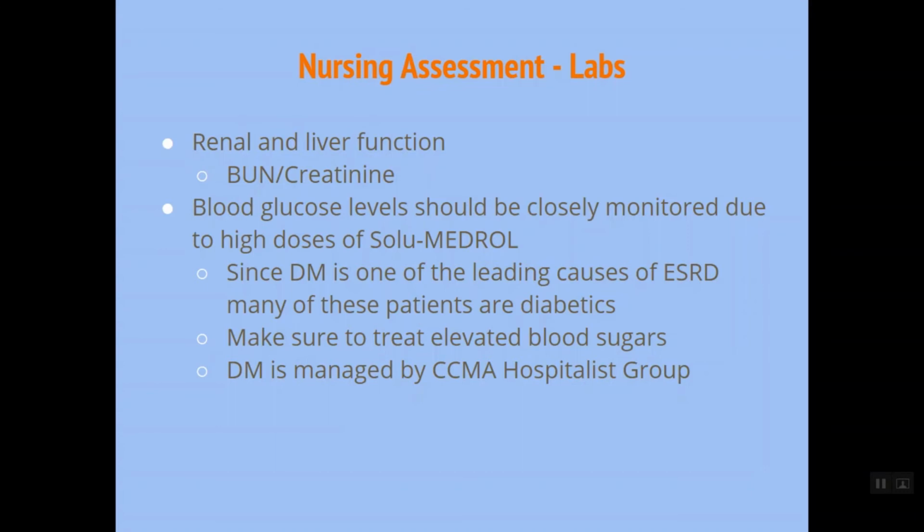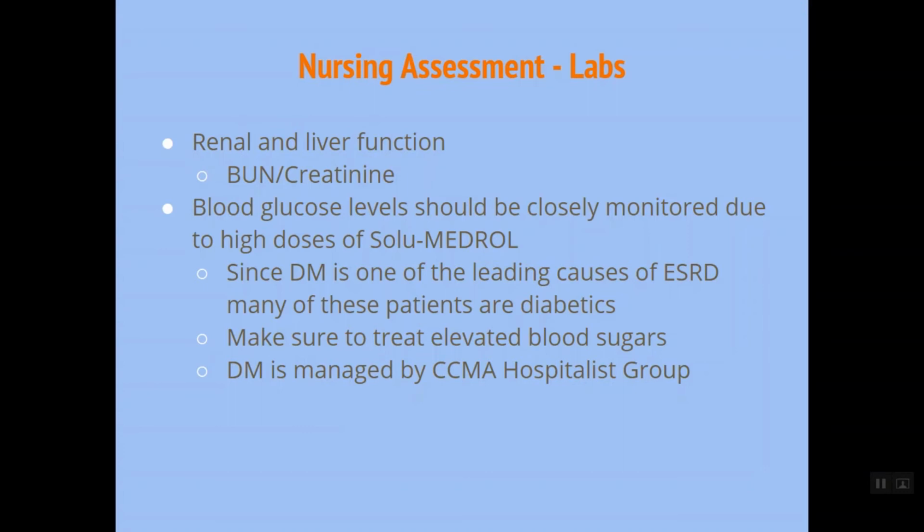Blood glucose levels should be closely monitored due to the high doses of steroids you're giving the patient. This is for diabetic or non-diabetic patients, but especially for diabetic patients, you want to make sure to get your initial blood sugar post-operatively. Since diabetes is one of the leading causes of ESRD, many of these patients are going to be diabetic.